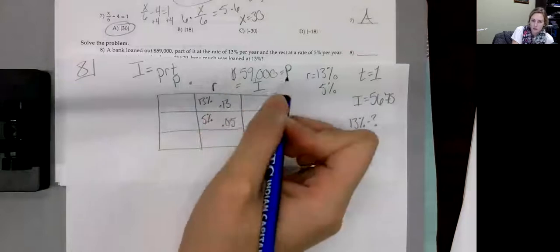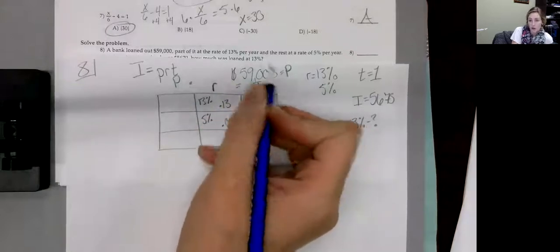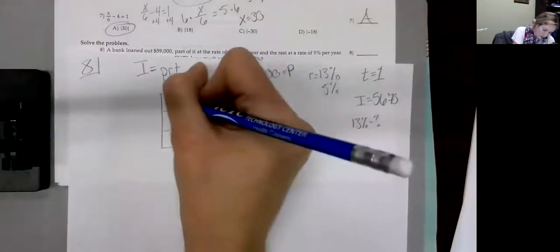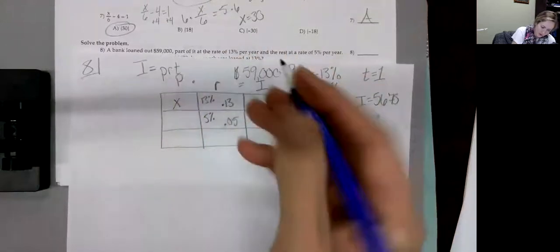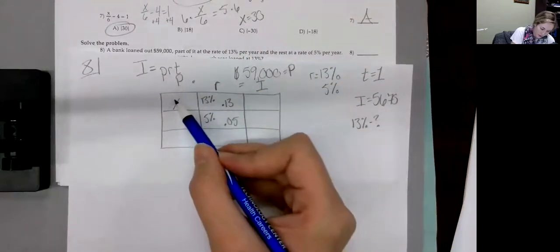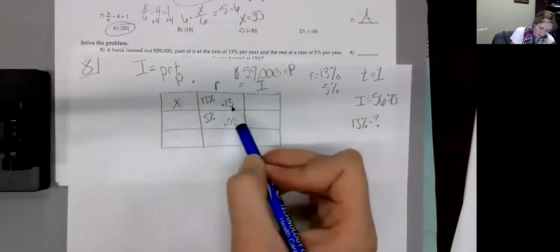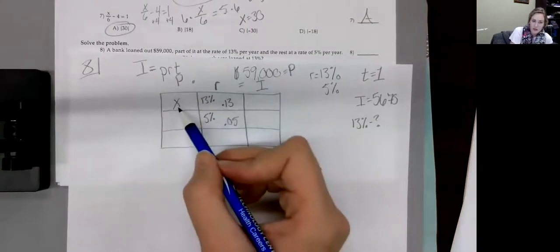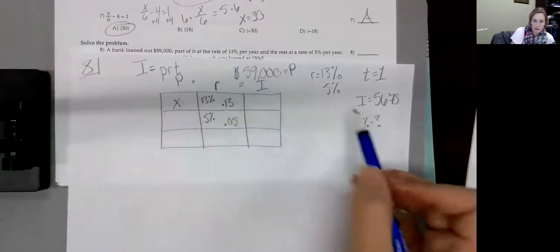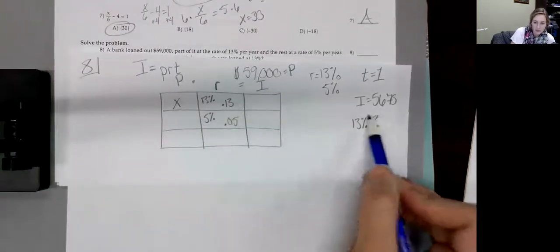All right. Now then, we invested all of this money, or they loaned out all of this money. So we're going to say X part of 59,000 was loaned out at 13%. And I'm leaving just X with 0.13 because that's what I have to find.